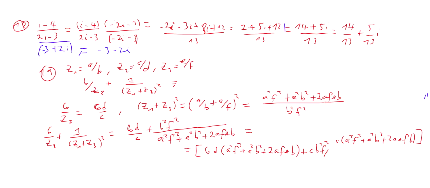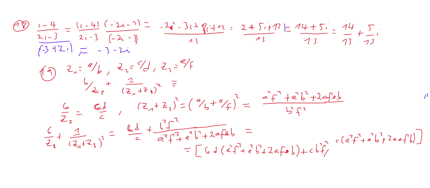That's the only trick you need to use here to get the right answer. So you use this conjugate, multiply the numerator and the denominator, and expand. If you multiply i minus 4 times minus 2i minus 3, you have i times minus 2i, which is minus 2i squared, then you have minus 3i plus 8i plus 12, all over 13.